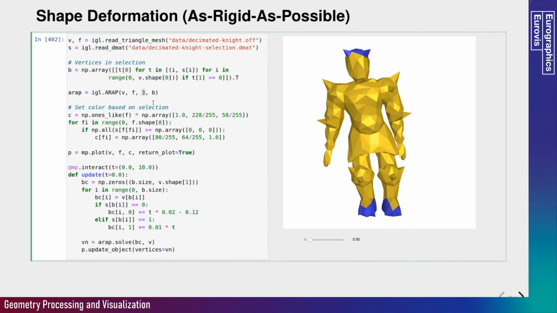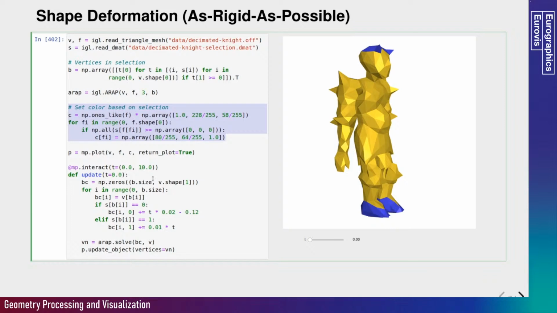So the energy minimization considers 3 dimensions. We then also hand in the boundary indices, and we set the color here for the plotting to have blue colors here for the selected regions and yellow color for the free floating regions.